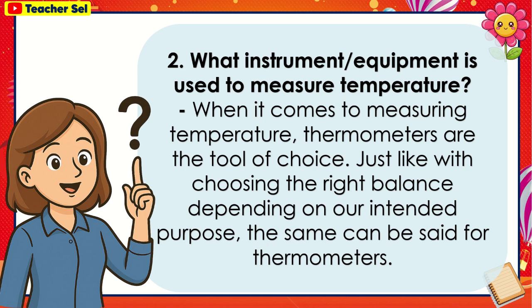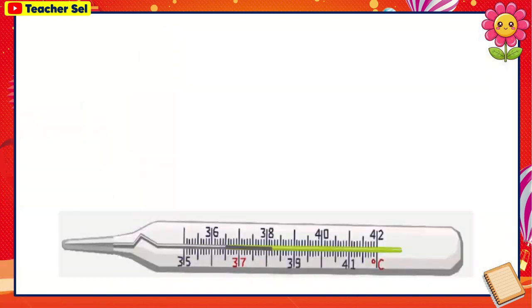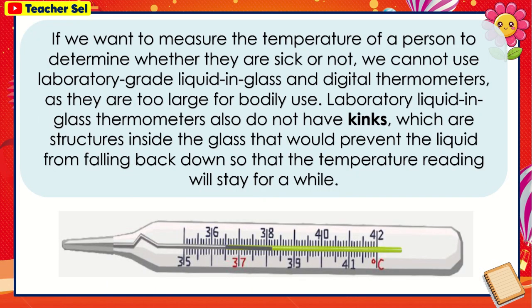Just like with choosing the right balance, depending on our intended purpose, the same can be said for thermometers. If we want to measure the temperature of a person to determine whether they are sick or not, we cannot use laboratory-grade liquid in glass and digital thermometers, as they are too large for bodily use.